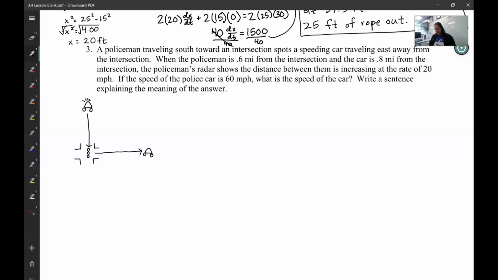When the policeman is 0.6 miles from the intersection, so we've got 0.6 miles from the intersection, and the car is 0.8 miles from the intersection. Actually, I think I want to write this on the outside so I have more room.